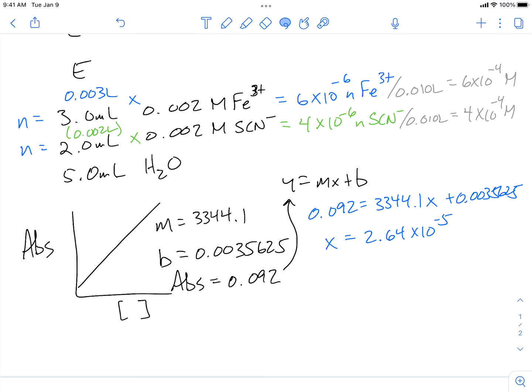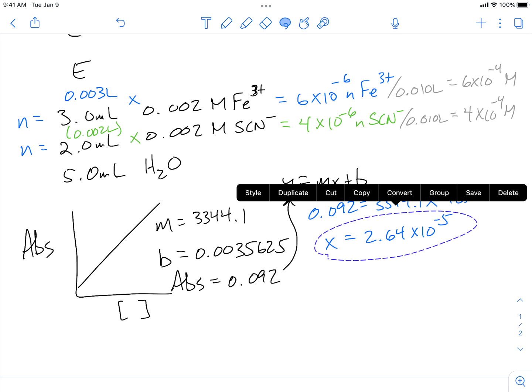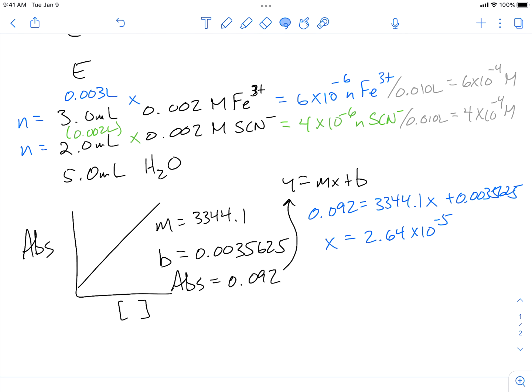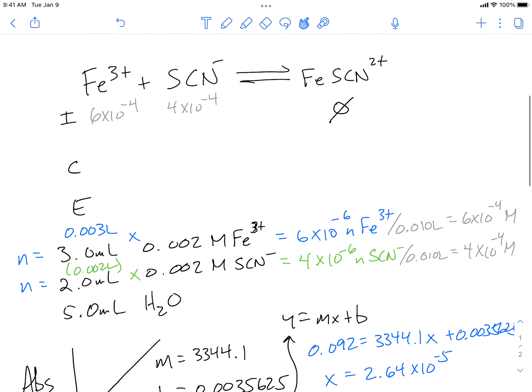This is the value that we plug into our concentration at equilibrium in our ICE table. Why is that important? We start out with 0, and this is what we have at equilibrium, so our change is basically a positive version of this.